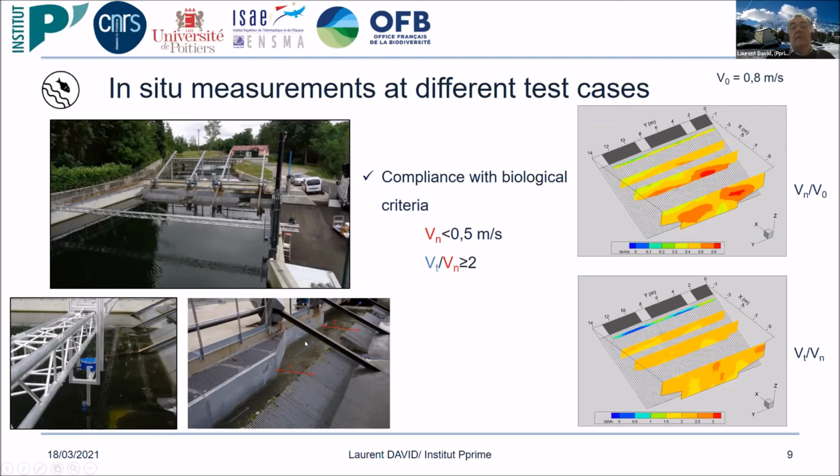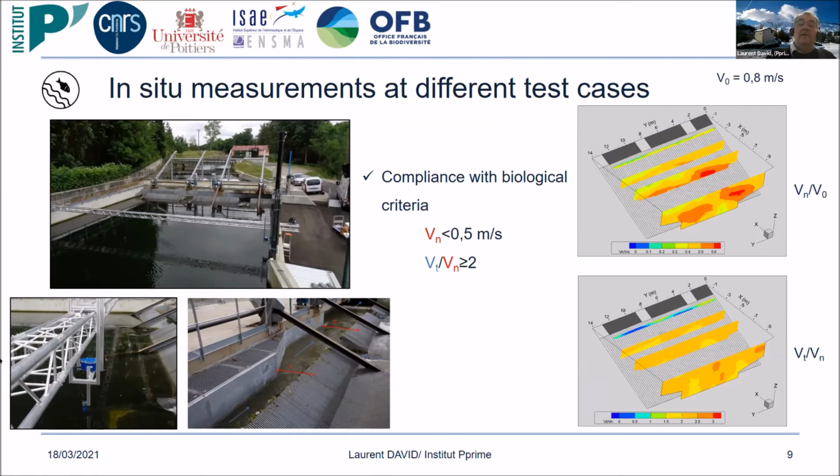In the downstream migration ducts, what we use is an electromagnetic flow meter to measure the discharge at different locations and to see the discharge at the end in each bypass to see if there is a good balance between the three bypasses.